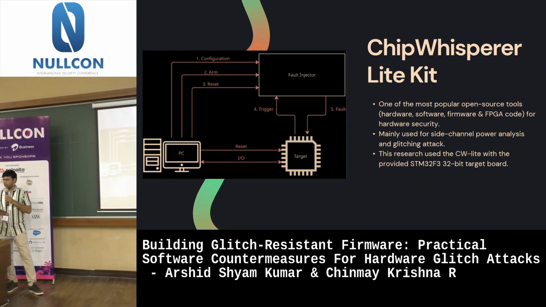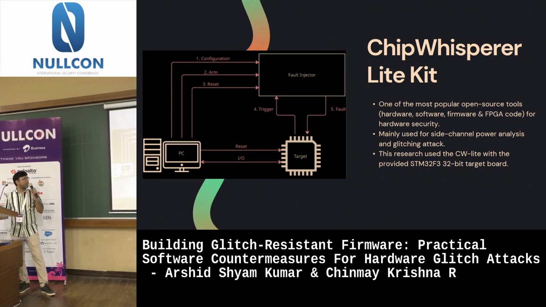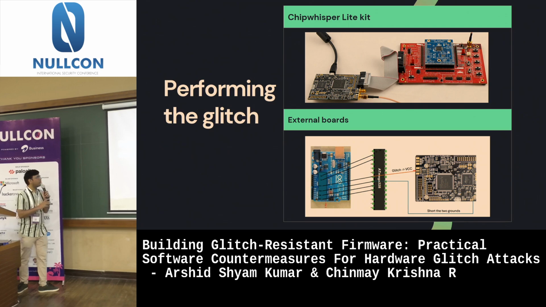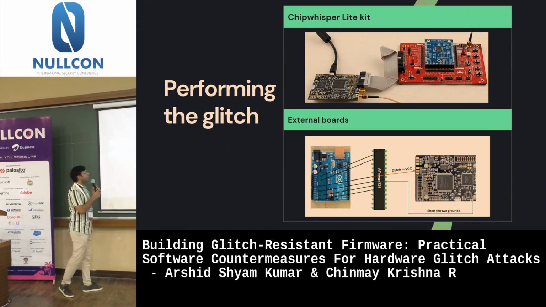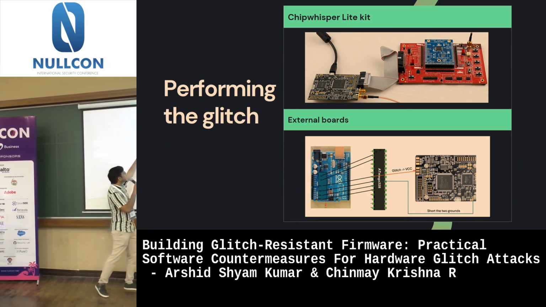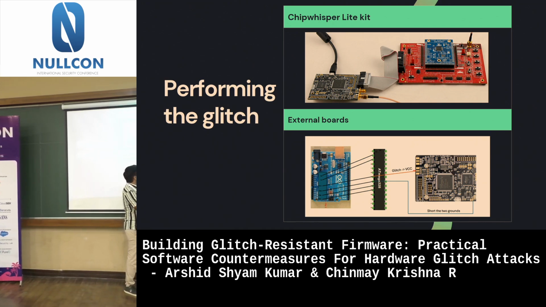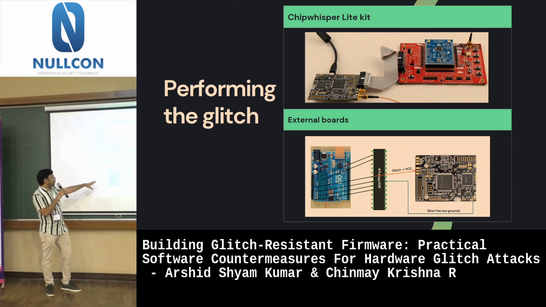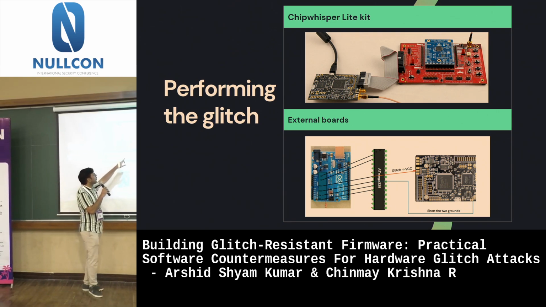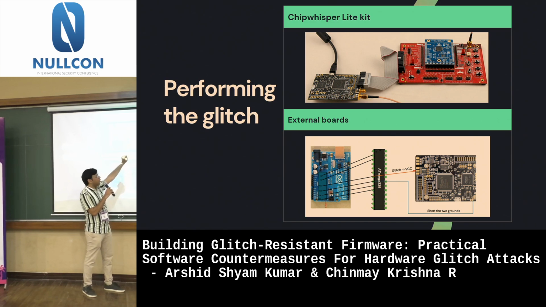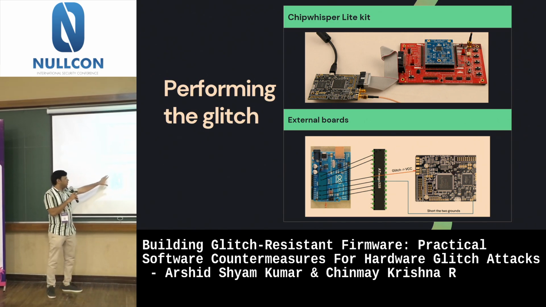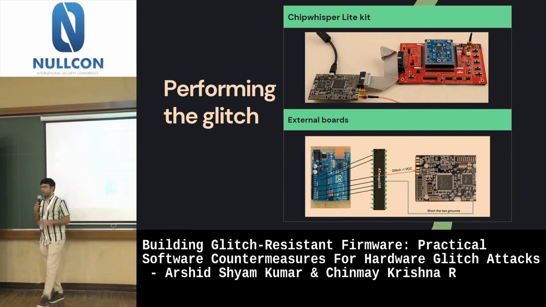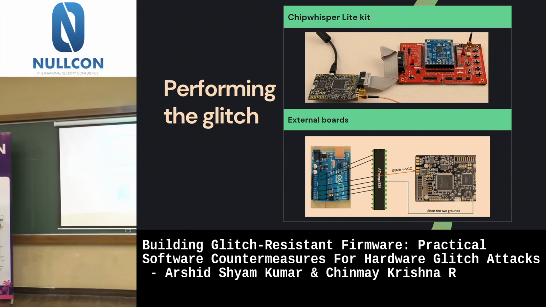So this was our fault injector kit which we used, and this is how the setup would look. This is the fault injector, and this is your target board. If you want to apply it externally, let's say you do not want to use the target provided by the ChipWhisperer, you might use something external and then use only the fault injector.